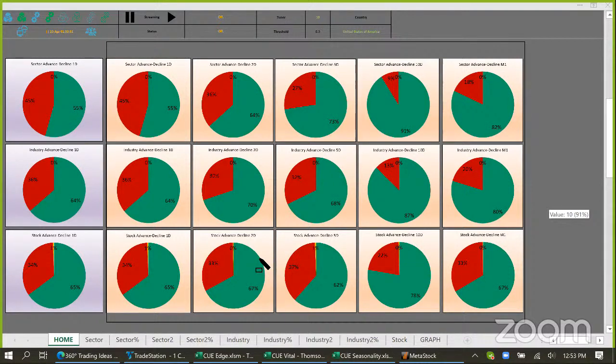Green portions are bigger than the red portions. Therefore, be it for the sectors or for the industries or for the stocks, 1 day period, 2 day, 5 day, 10 day, or even 1 month period, sector, industry, stock advance decline is also bullish.